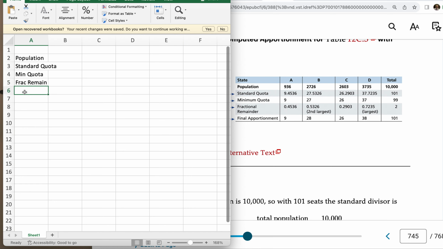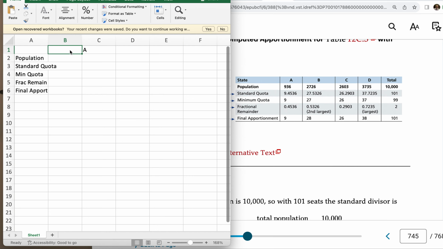And then they had the final apportionment. Okay?